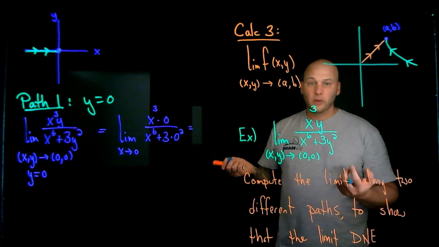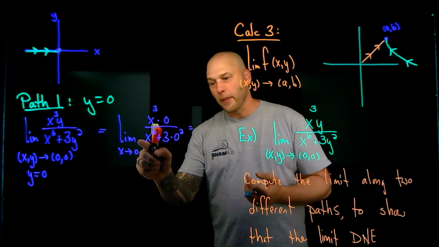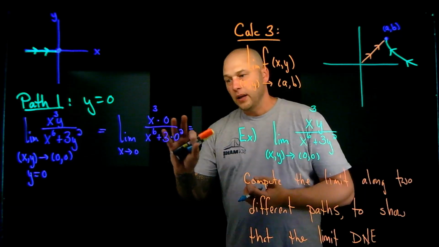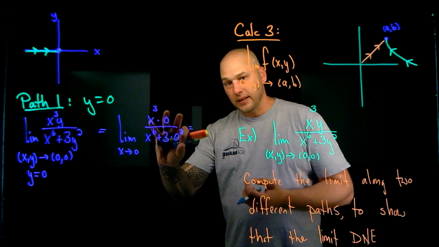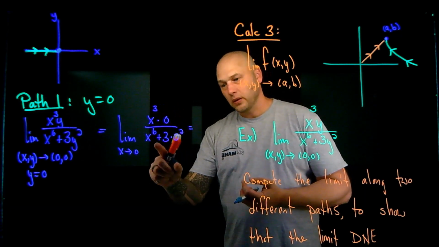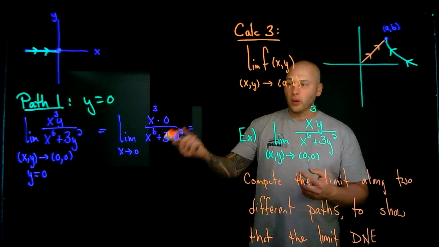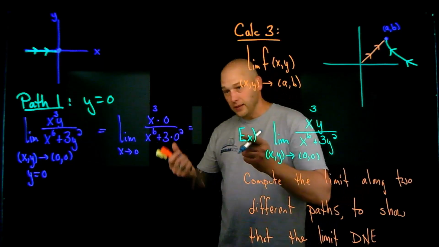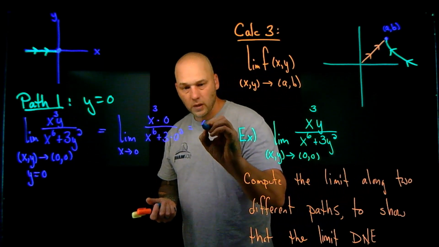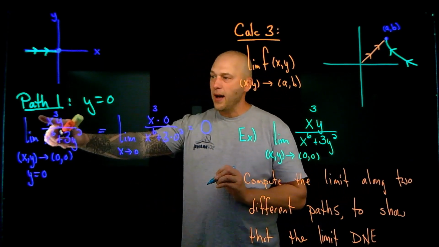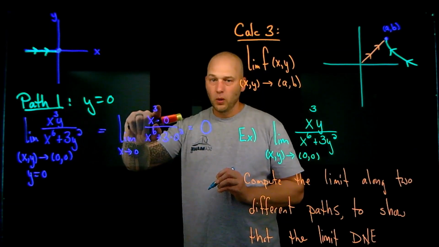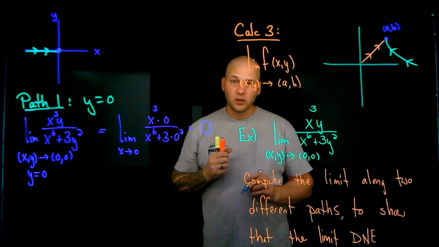Anything times 0 is 0, and the denominator is not 0, and therefore this expression is identically equal to 0, except at 0, but it's identically equal to 0 as we're approaching 0, and so the limit of the constant is that constant, and so this is 0. So along the path y equal to 0, the limit is 0.